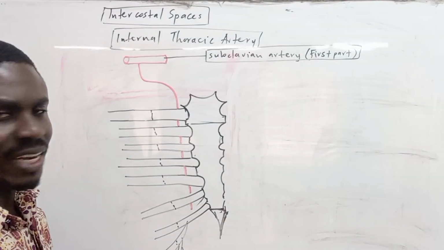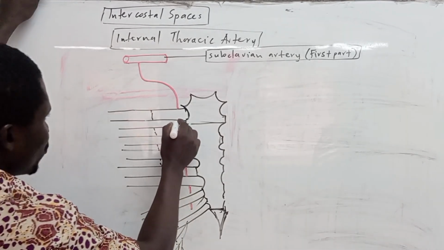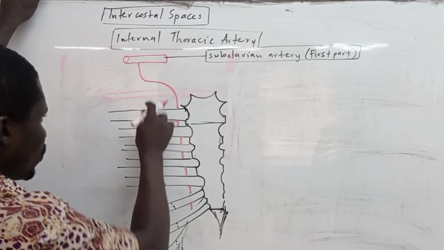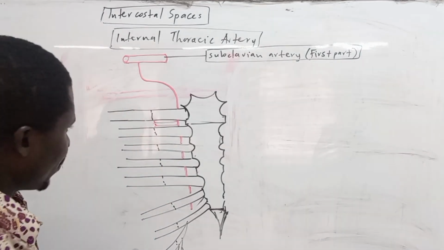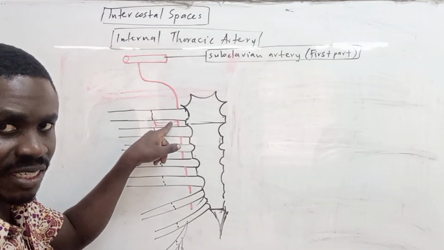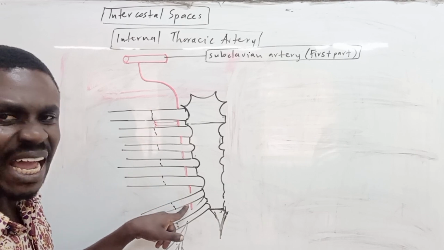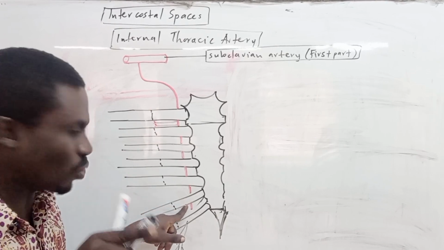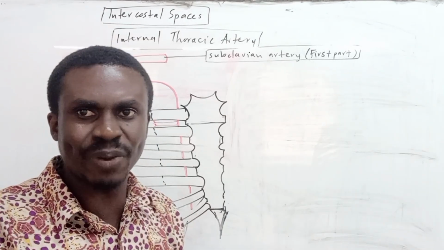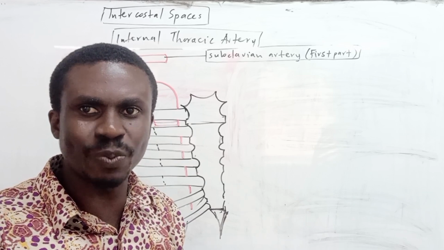Now, let's count. As it runs through, what is going to happen? It's going to give off these anterior intercostal arteries up to the level of the costochondral joint. Now, let's look at it. There's the first intercostal space, second, third, fourth, fifth, and then I am interested in the sixth intercostal space, because I told you that it will be giving off all these branches, anterior intercostal arteries, to the first 6 intercostal spaces.